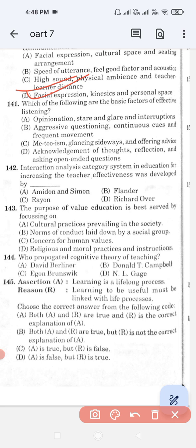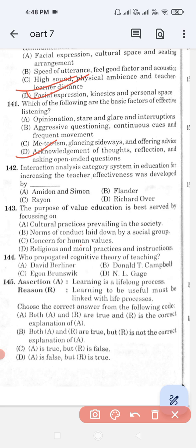Option B, aggressive questioning, continuous cues and frequent movement. Option C, me-tooism, glancing sideways and offering advice. Option D, acknowledgement of thoughts, reflection and asking open-ended questions. So option D is the correct answer.